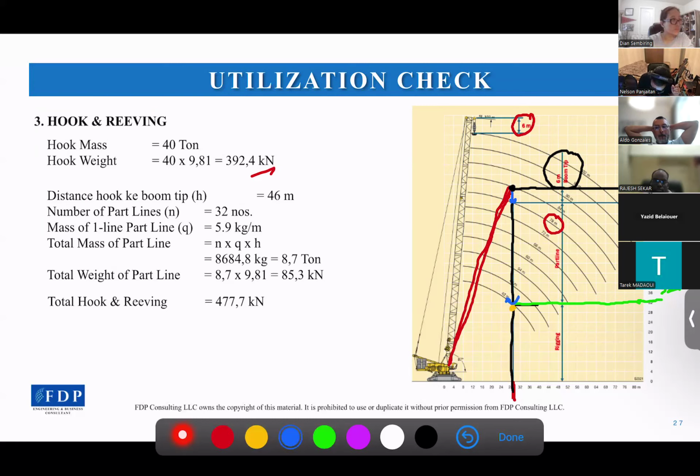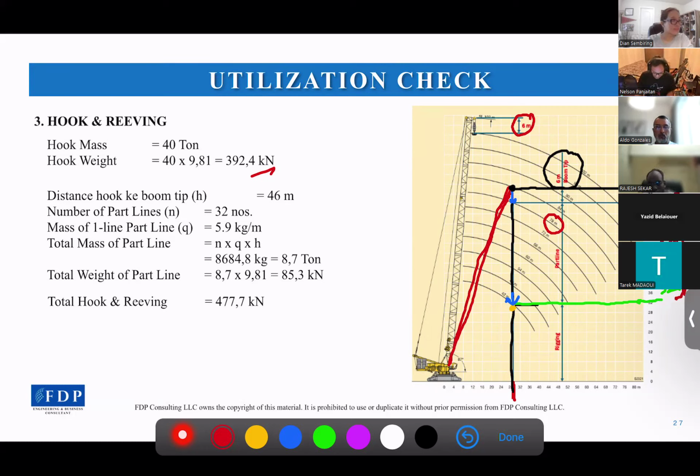The hook will be here. So the part line length will be 78 minus 32, and so we get about 46 meter here. That's the part line length.